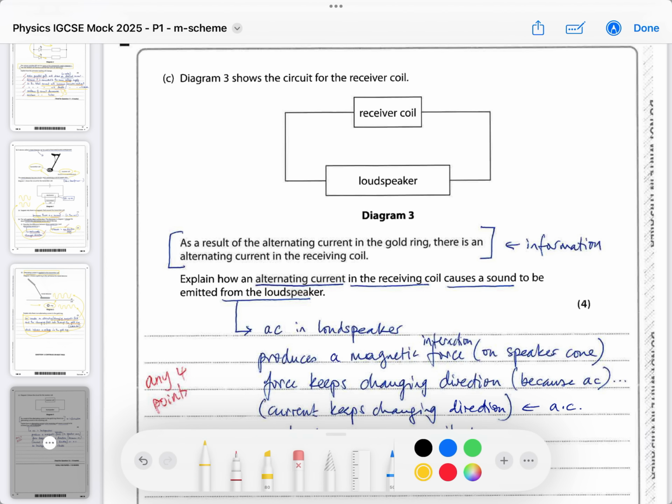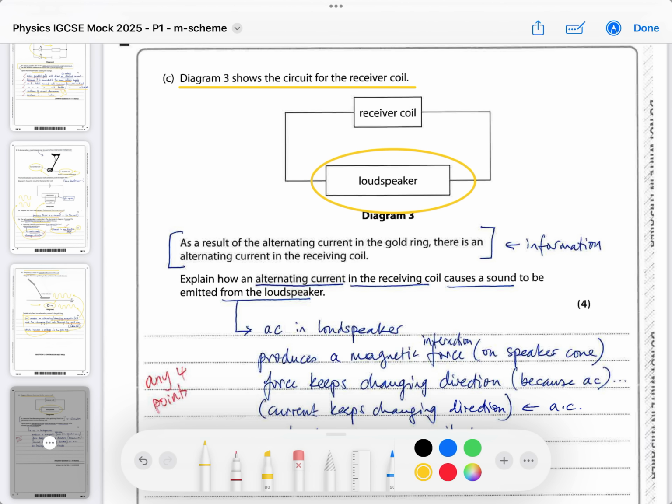Okay, it says diagram 3 now shows the circuit for the receiver coil. So that's the second coil. Now the receiver coil, you can see, is connected to a loudspeaker, so you can hear when something happens and it detects a metal underground.